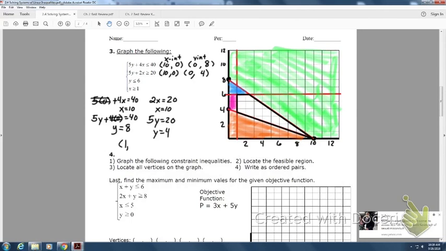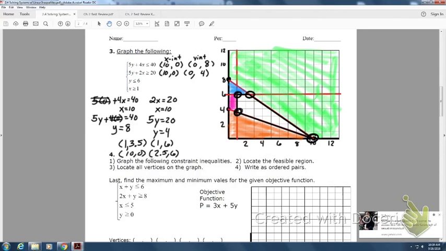So that would be 3.5, and then I've got 10, 0, I've got 1, 6, and I've got 2, 5.6. It's just these, the vertices or the corners of the feasible region.